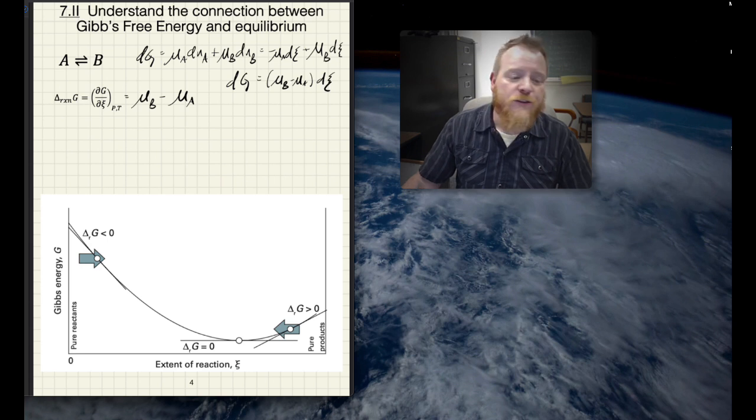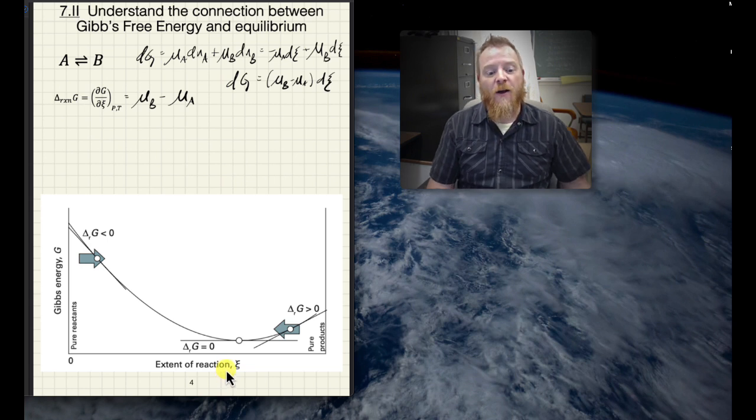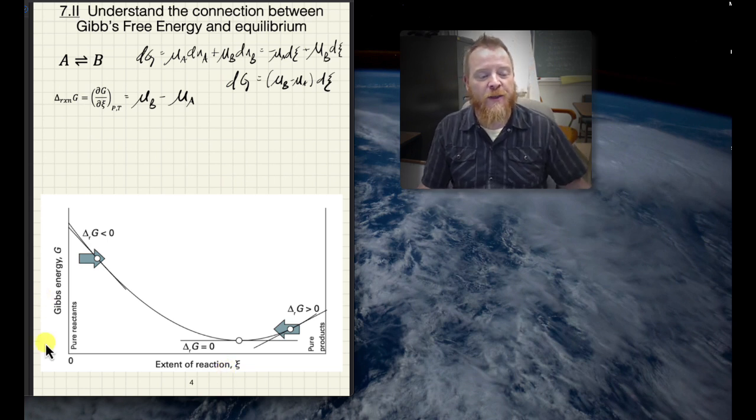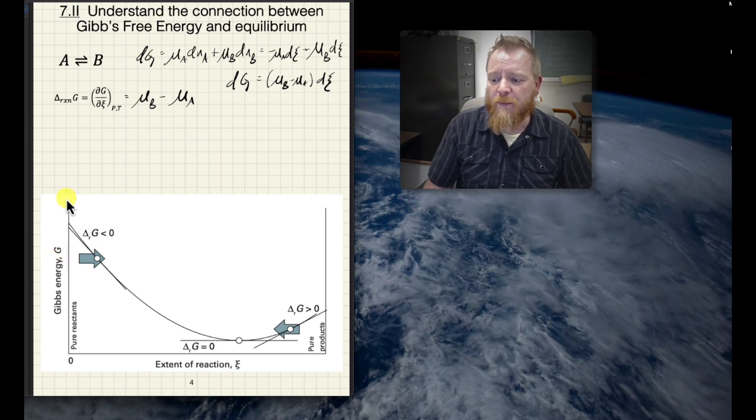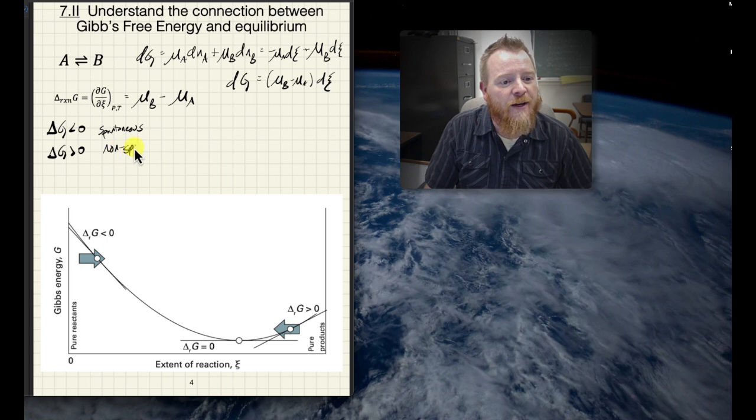So now, taking a look at this figure, where we've got extent of reaction on the x-axis and the Gibbs free energy on the y-axis, we remember that if delta G is negative, then we have a spontaneous reaction. If delta G is greater than 0, then we have a non-spontaneous reaction. And of course, if delta G equals 0, we are at equilibrium.